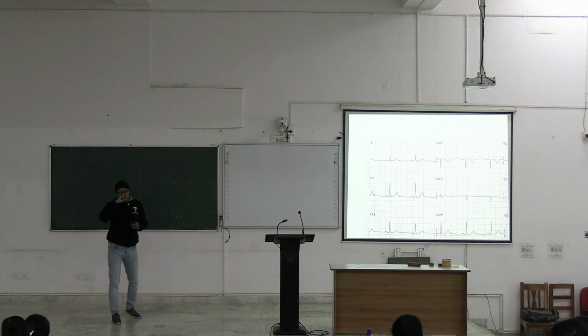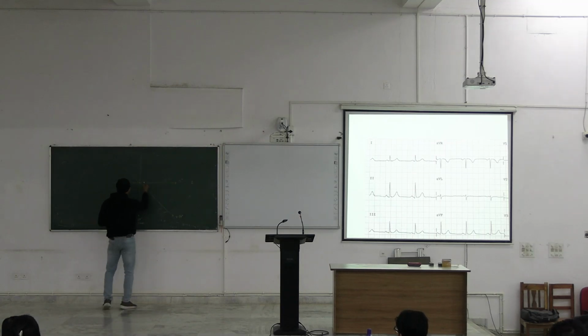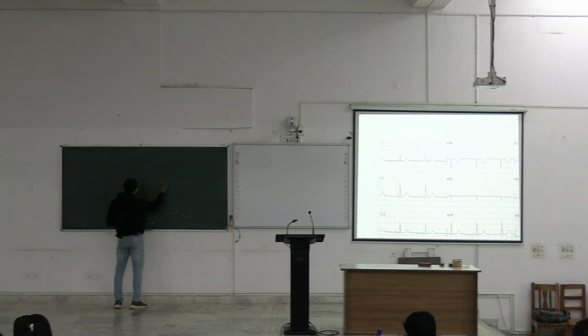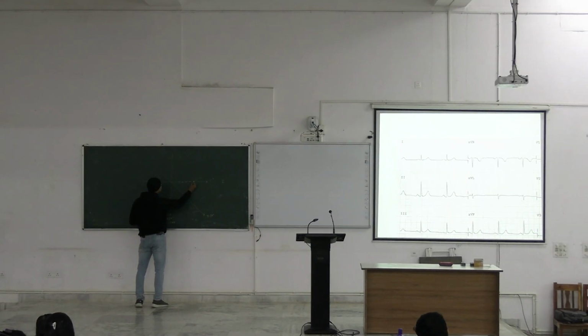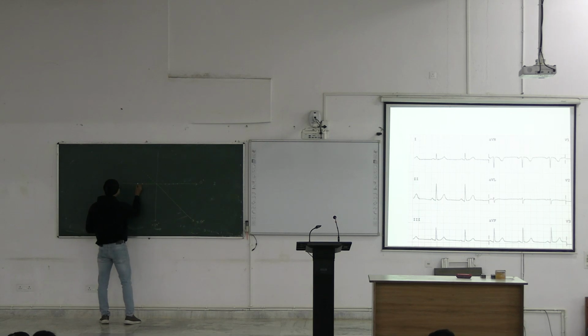So, say for example, I am taking points at an interval of 1 centimeter. So, this is 1, 2, 3, 4, 5, 6 and here minus 1, minus 2, minus 3, minus 4, minus 5.